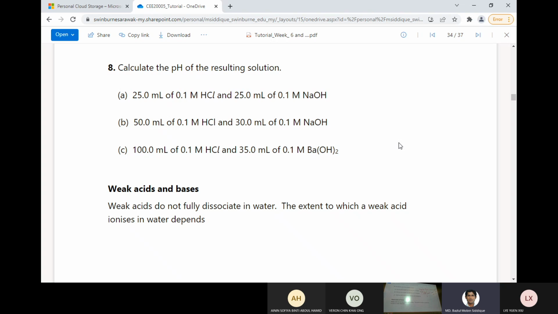So, what is the first step you want to do? Exactly. And then, after that, you need to know how many moles you are getting, right? So, how many moles are we getting?